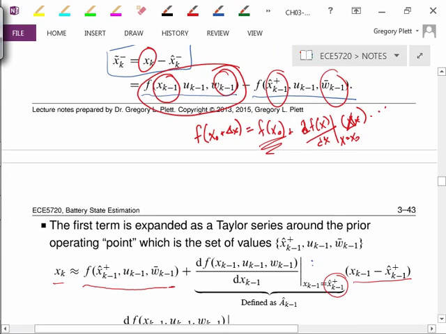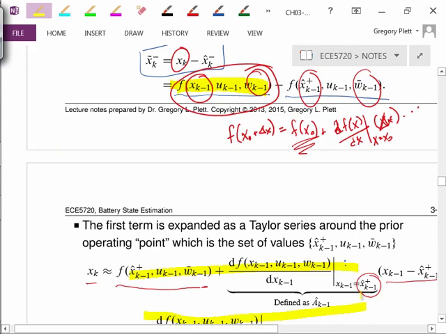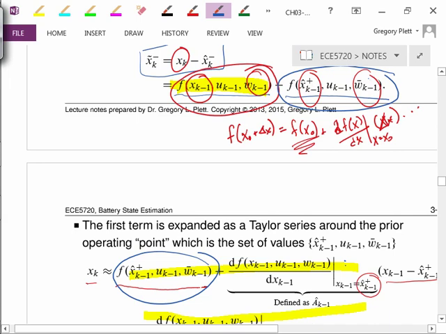And when I substitute that in, this here gets replaced by all of this other stuff. Notice that this term is going to completely cancel that term, and that's the reason we chose the particular linearization set point that we did, to make that constant disappear.